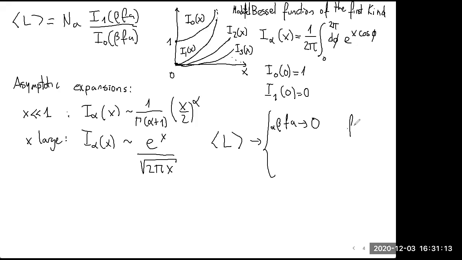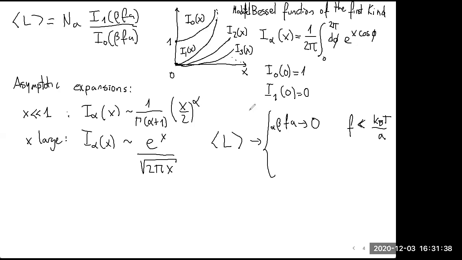When f is small, f small means f smaller than kBT divided by a. This is important. When you get this in mathematics, it's not the same as you do it in physics. In physics, things have dimensions. So you see x here is beta fa. So if this is small, it means this is smaller than inverse beta divided by a.